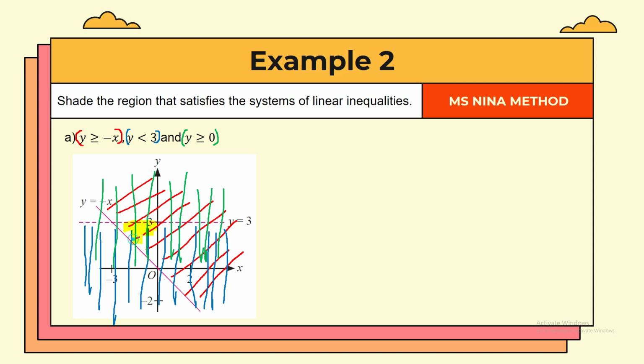And then I also find out that this part also has blue, green, and red. Below here, does it have blue? It doesn't have green, and this part doesn't have red. Above here doesn't have red also, and this part doesn't have blue. So the shaded region is only here. This part, and then we erase this shade.